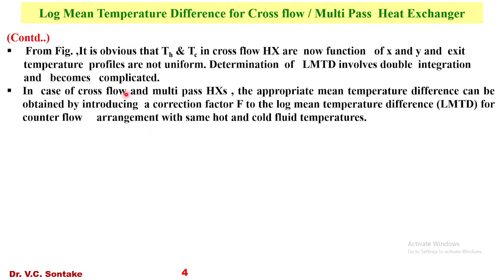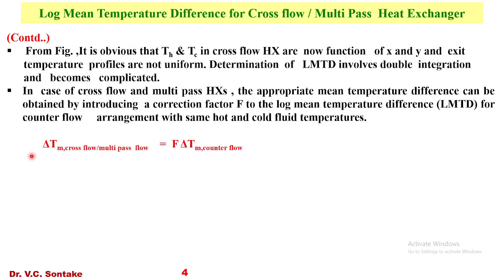However, in case of cross-flow and multi-pass heat exchangers, the appropriate mean temperature difference can be obtained by introducing a correction factor capital F to the log mean temperature difference for counterflow arrangement with the same hot and cold fluid temperatures. Considering this concept of correction factor applied to the expression for LMTD for counterflow avoids the complicated derivation in case of cross-flow heat exchanger.